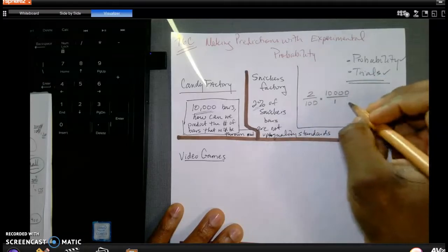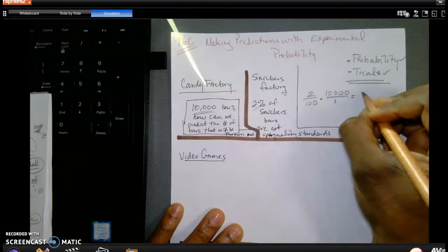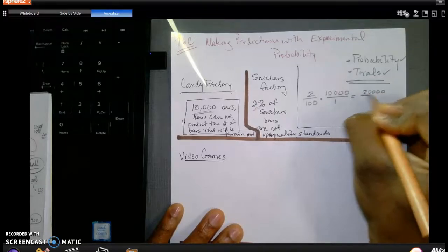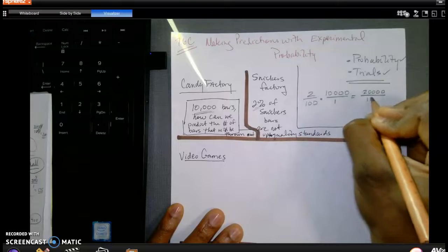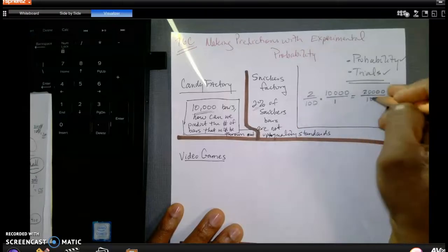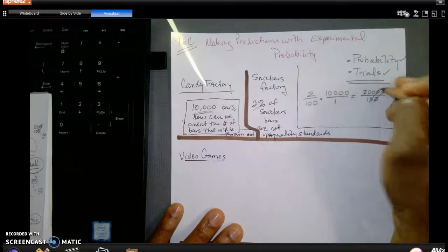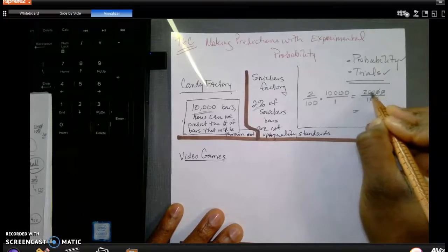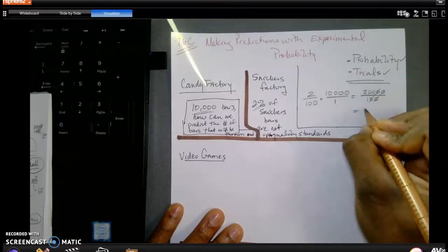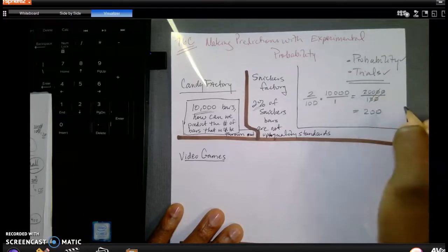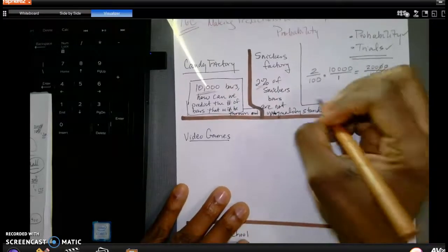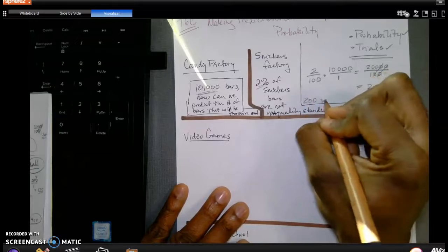When I multiply, 2 times 10,000 becomes 20,000, and 1 times 100 is 100. I could also simplify by crossing through zeros, leaving 200 over 1, or just 200. So how many bars can we predict they will throw out? About 200 bars.